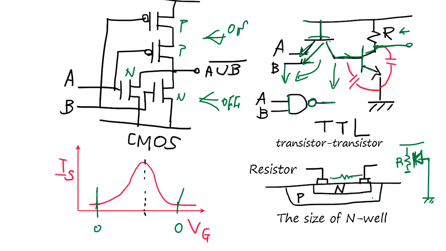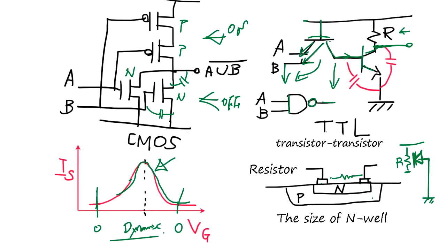The current increases only during transition of the gate. So it's very dynamic power consumption. And this dynamic power consumption is consumed by those parasitic capacitors around. The capacitor has to be charged and discharged. That's where the power is used.